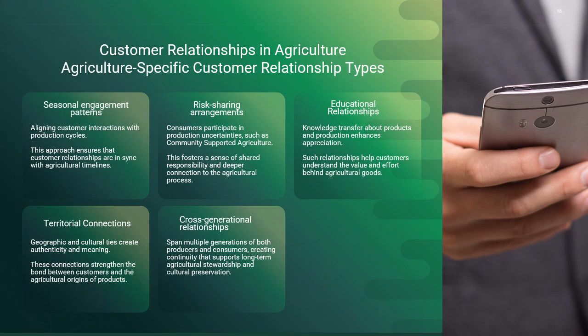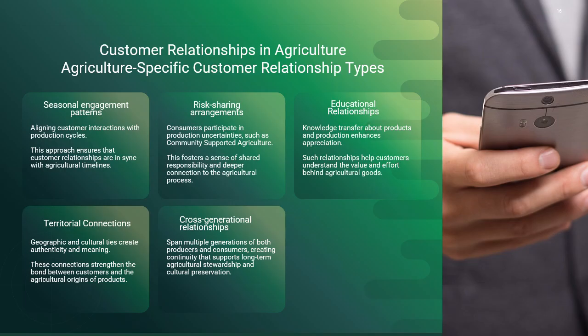Beyond traditional relationship types, agricultural enterprises can develop relationship patterns that specifically address the distinctive characteristics of agricultural production and rural contexts. Seasonal engagement patterns align customer interactions with production cycles. This approach ensures that customer relationships are in sync with agricultural timelines.